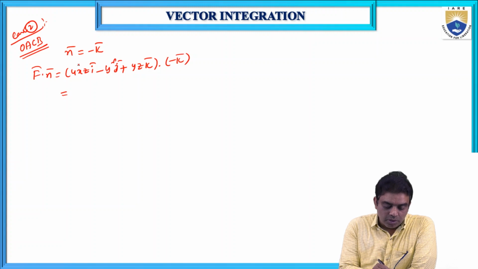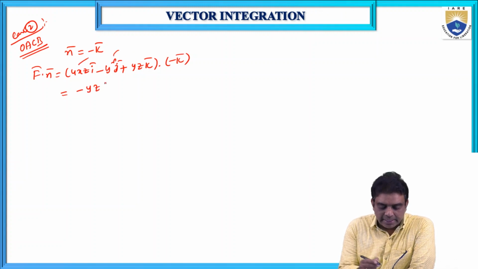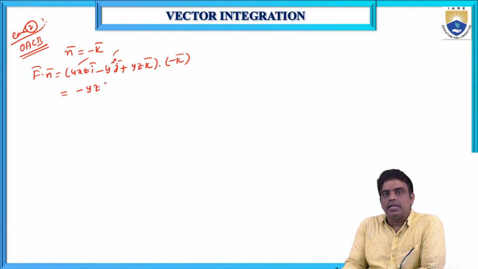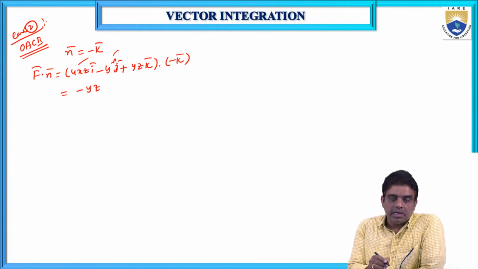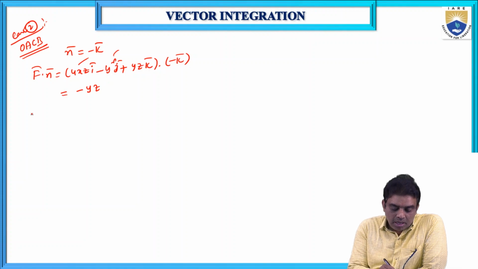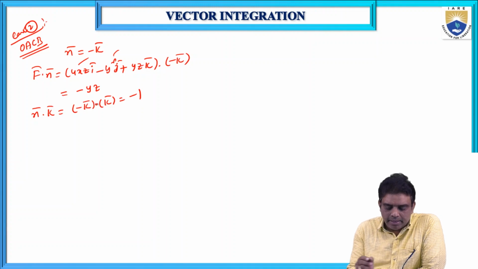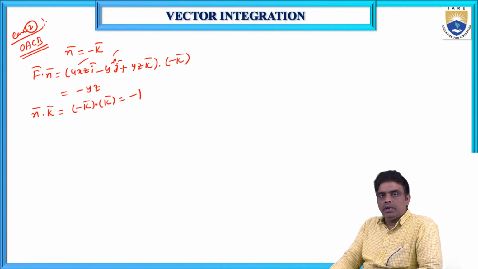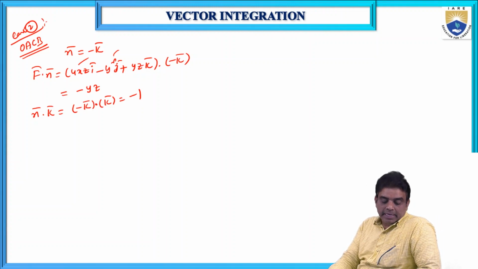This is 0, this is 0, only the k bar term remains, which is minus yz. This is f bar dot n bar, part of the integration. And also n bar dot k bar is minus k bar dot k bar. Because k bar dot k bar is equal to 1, with the minus sign it is minus 1.